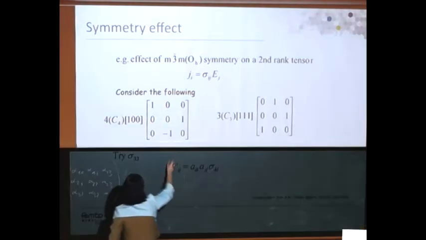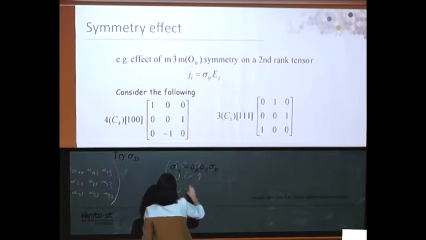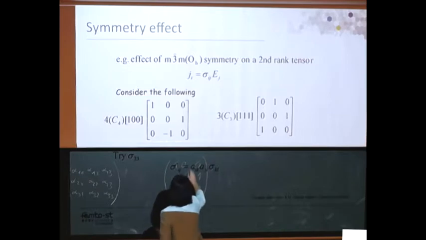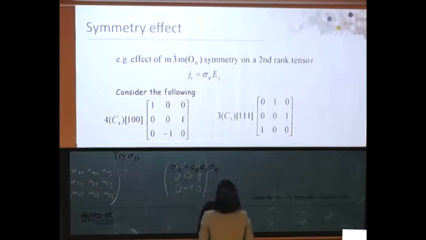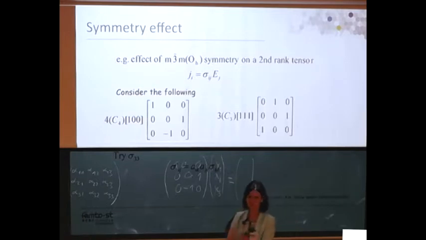So we have this rotational matrix, which is 1, 0, 0, 0, 0, 1, and 0, minus 1, 0. Your x, y, and z. Sorry, it's easier to write x1, x2, and x3. Then you try to transform your components.